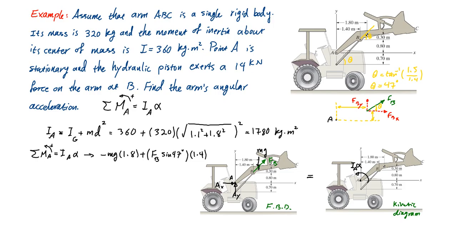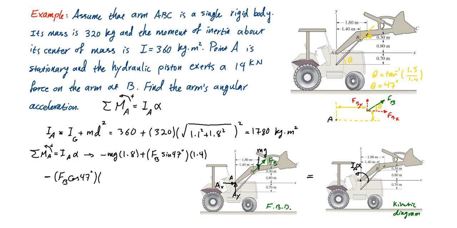And then minus, I'm looking at the component in the X direction. As I said, it creates a moment in the negative, clockwise direction, based on the assumption I made for the positive direction. So that would be FB cosine 47 degrees times the distance.